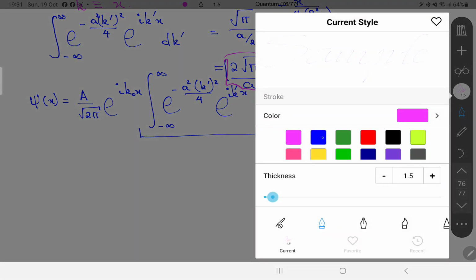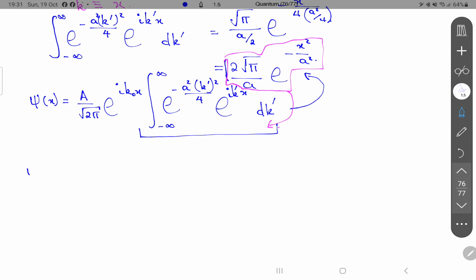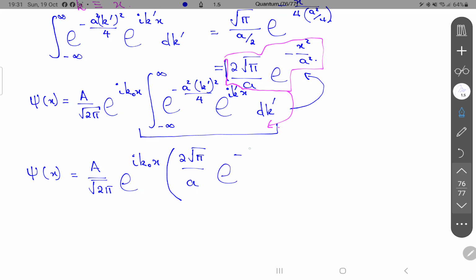So definitely what we are going to have is psi of x equals a over root 2 pi, e^(i k naught x), bracket, then we can put our 2 root pi over a, e^(-x² / a²).